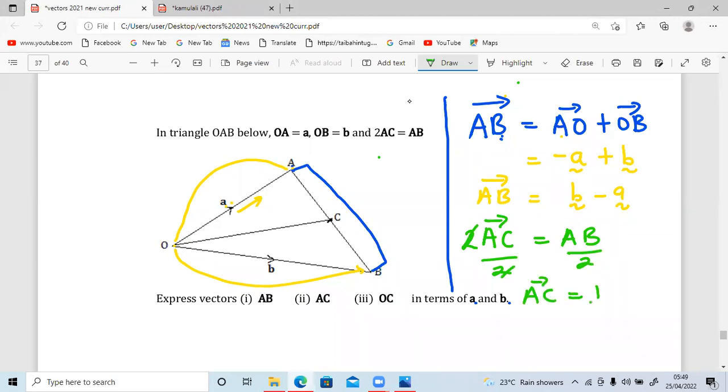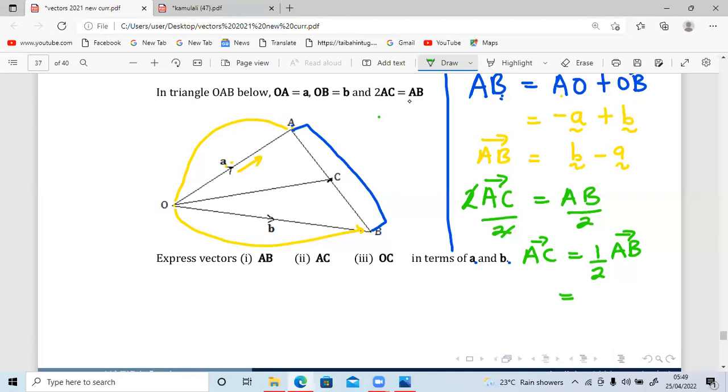Is this the same as writing 1 out of 2 AB? Is everyone happy with that? Then you ask yourself, what is our AB? Which vector do you get? B minus A. Very good. So this is our AC.